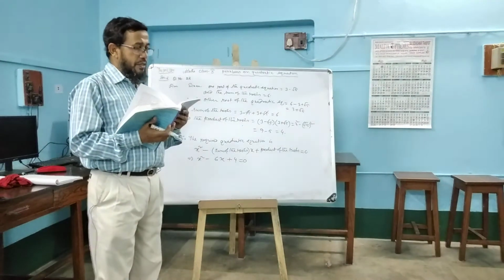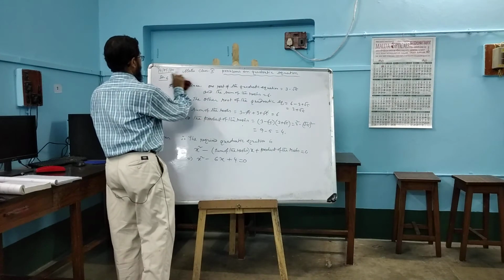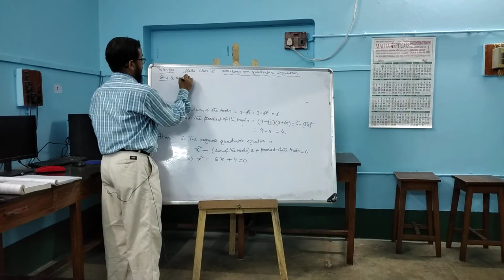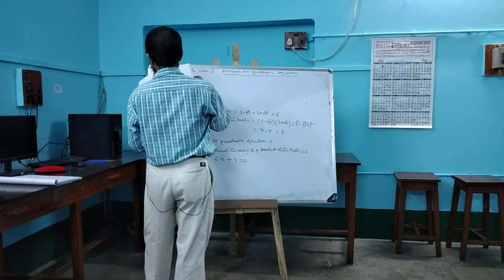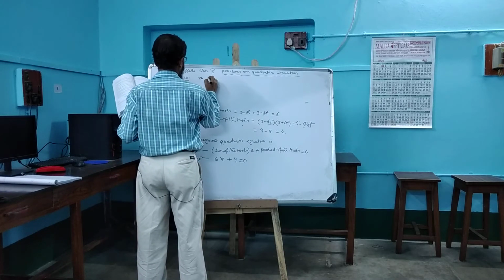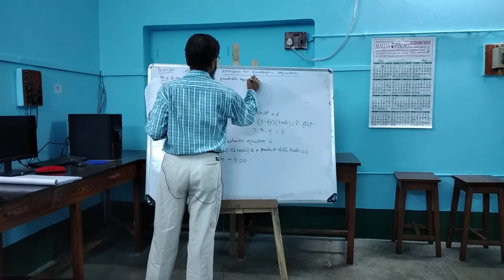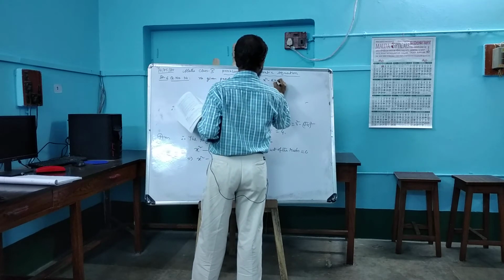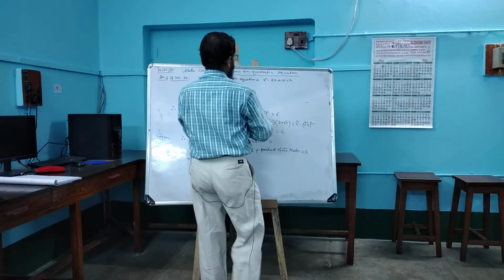Solve the equation and give answer up to 2 decimal places. x square minus 5x minus 10 equal to 0, not plus 10.